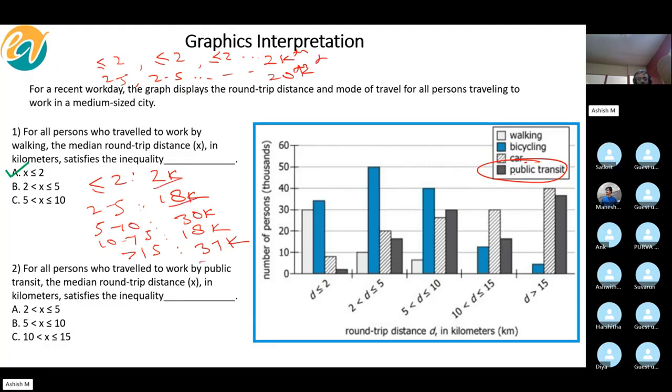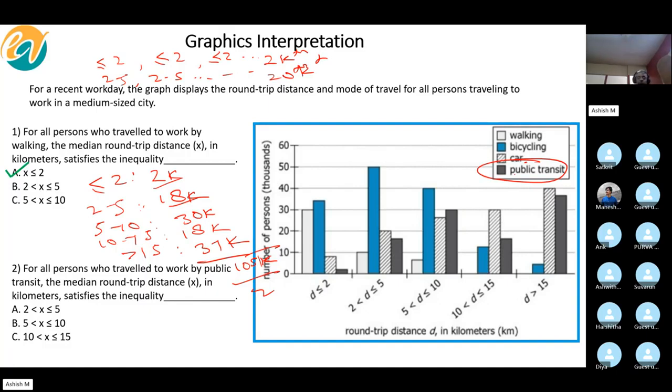So by the way, let's now add all these. So 20, 50, 68, 105K, agreed? So total 105K, 105,000 people essentially avail of public transit. So which means out of 105K, which one would be the median? Again, 105K divided by 2, which would be 52,500, correct?